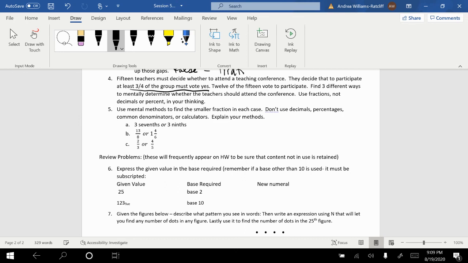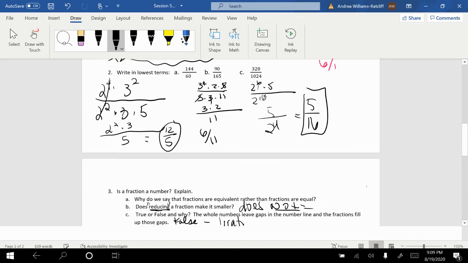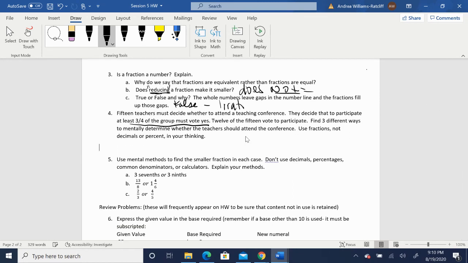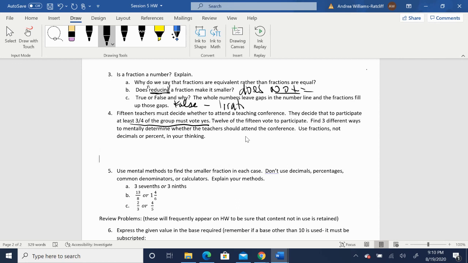Okay, so we've got 12 of 15. We want to know if that is going to be equivalent to 3/4 or if it's going to, in some way, be less than 3/4, if we've met that option.